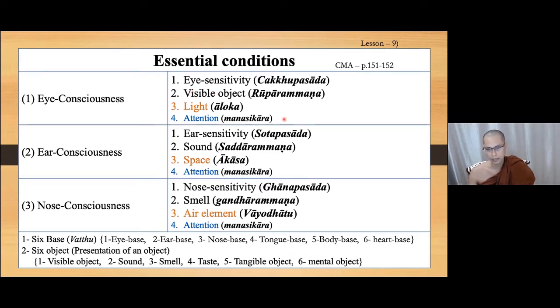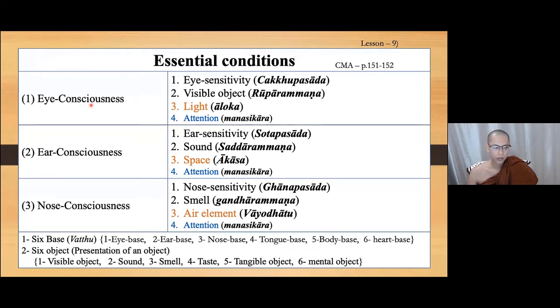We already studied this, so let's review again. So eye consciousness is based on the sensitivity, the visible object, light, and attention, because these essential conditions are very important to decide the types of the process.